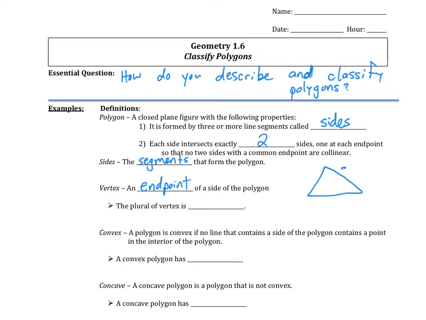So it's side, side, side, and then these red dots, those each are a vertex. The plural of vertex is vertices. So in a triangle, there are 3 vertices.